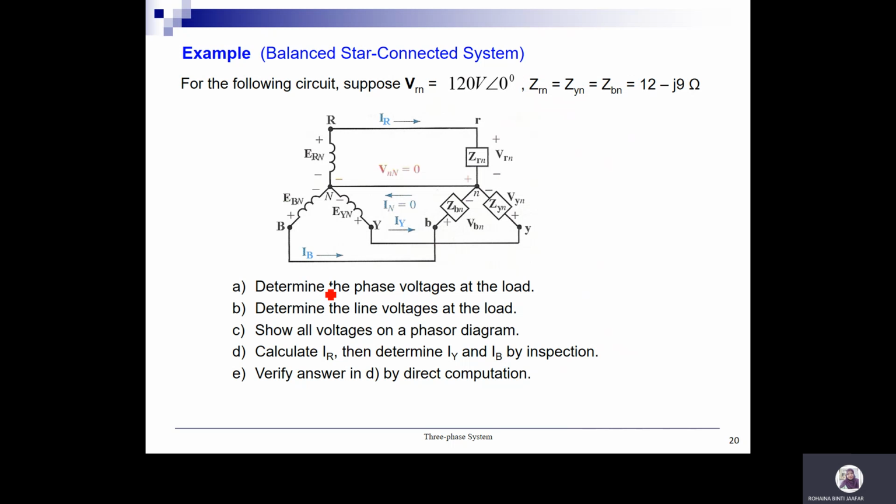The first question: determine the phase voltage. Remember, it is the phase voltage at the load. VRN is your phase voltage, right? So let's solve this example. Find the phase voltage.